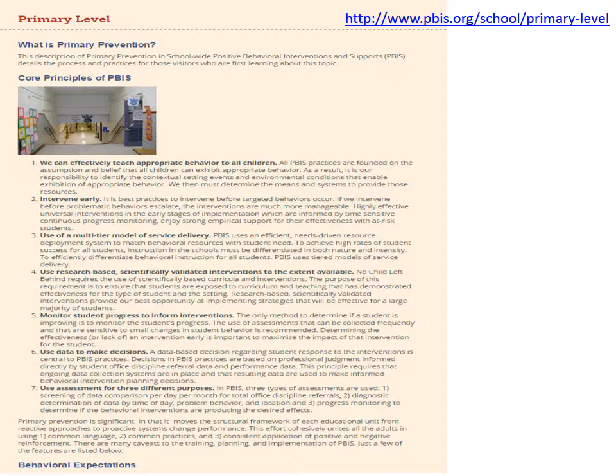The model looks to intervene early by teaching best practices from day one before inappropriate behavior occurs. You're using a multi-level system to deliver these services, using research-based interventions. You're monitoring student progress to help you to choose the interventions that are most appropriate for the student, and using that data, as I said, to help you make decisions.